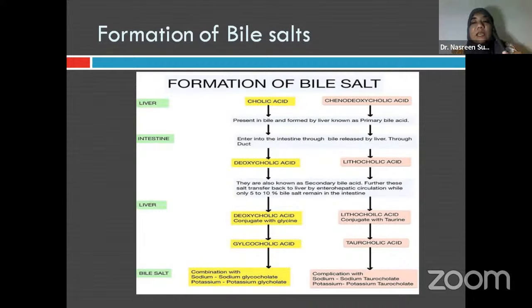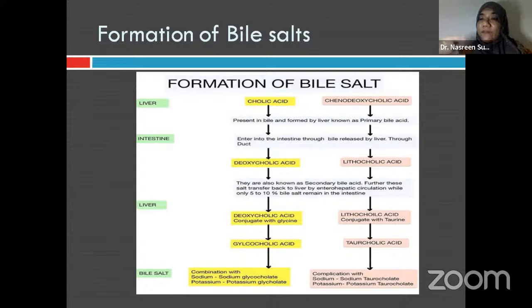Now, from the intestine, along with all the food which we have taken, the bile will again enter into the liver, because the blood from your GIT first goes towards the liver, and from the liver it goes to the heart. Okay, it doesn't directly go to the heart. It first goes to the liver.